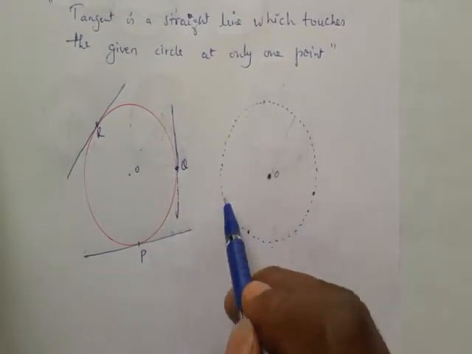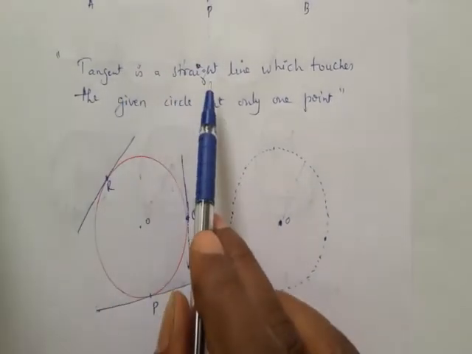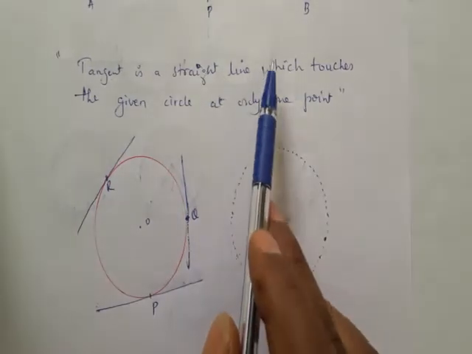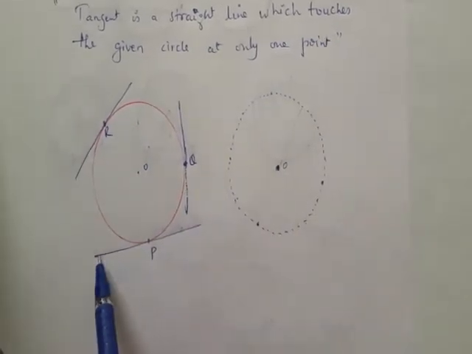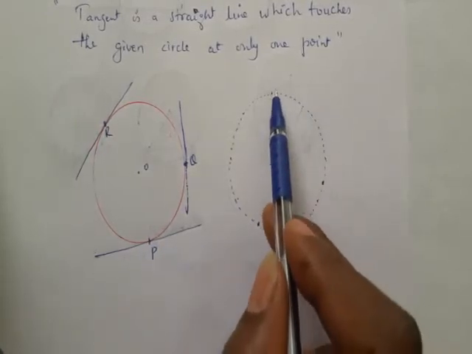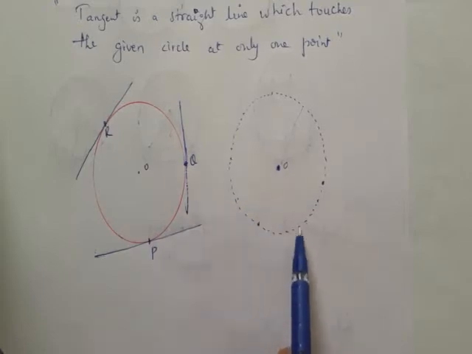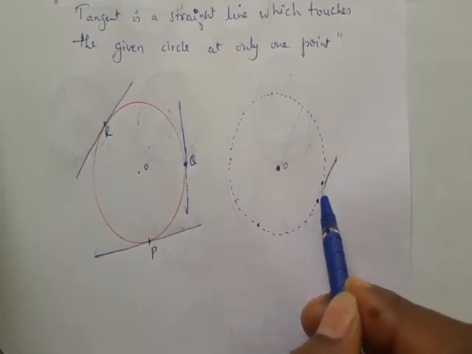So as we know, circle has an infinite number of points, but the definition of the tangent says that a tangent is a straight line which touches the circle at only one point. So if this line touches the circle at only one point, then it becomes a tangent. Now let us take this one point A. For this one point we can draw one tangent.